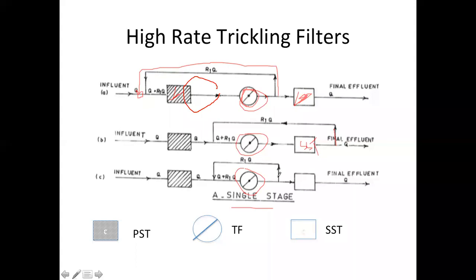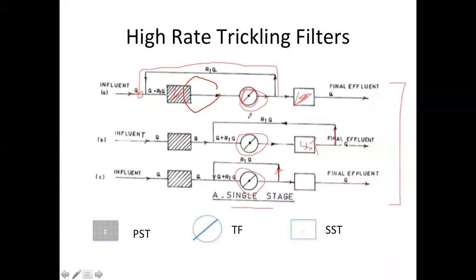In the third figure, the recirculation is done just after the trickling filter, and the recirculated wastewater is sent just before the trickling filter. So this is all the combinations of a single stage high rate trickling filter. Recirculation is a must in the case of a high rate trickling filter, and it is done in all these three figures. So this is a single stage trickling filter.